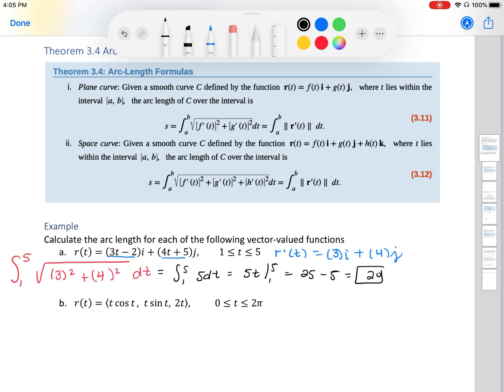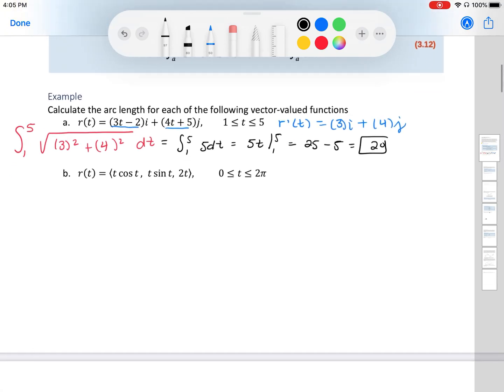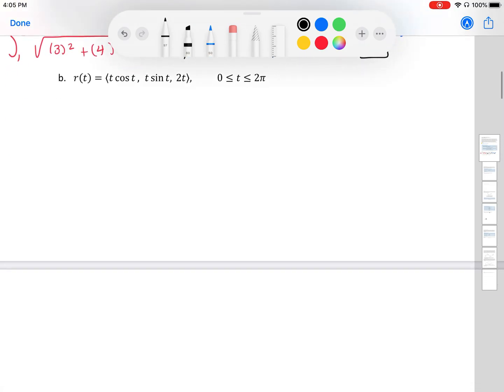The other one's a bit more involved. So let's take a look at example B. r of t equals t cosine t i plus t sine t j plus 2t k over the interval t between 0 and 2 pi. Well, let's begin by finding the derivative, r prime of t.